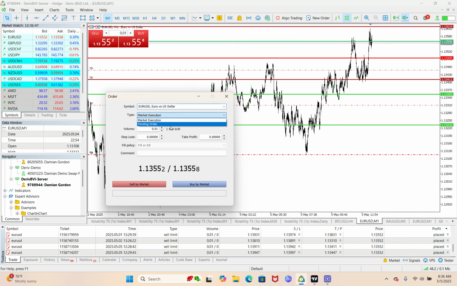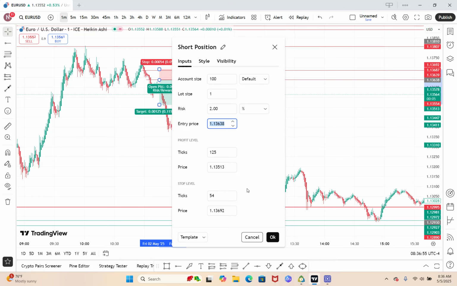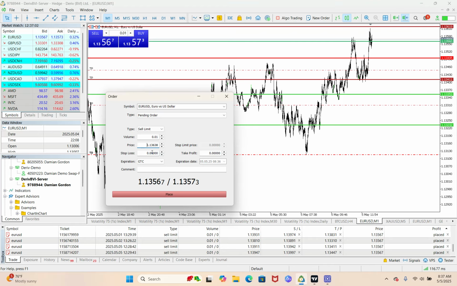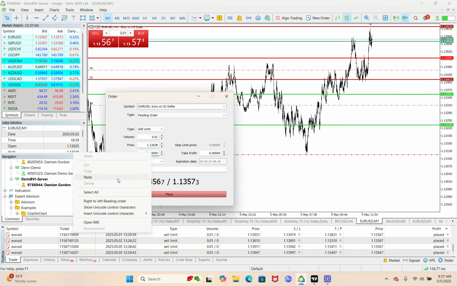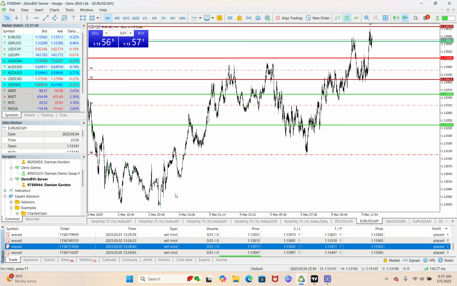Sell limit. Stop loss. Copy. Place. So we can always go back and set the take profit.